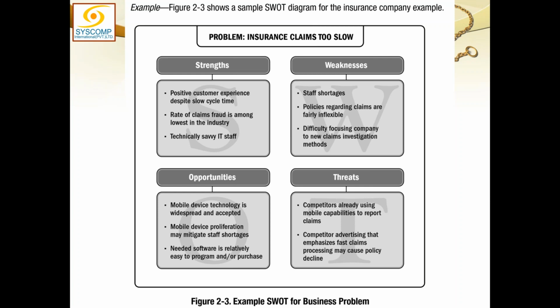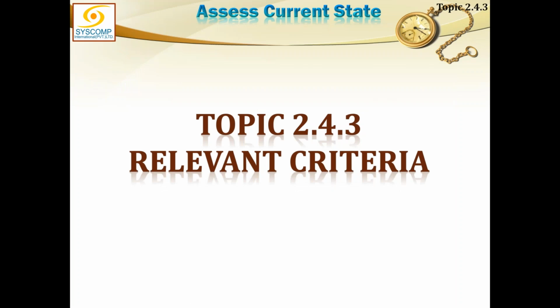So a thorough analysis will exactly prioritize which is the most important thing and which is dependent on what, and ultimately, you will be in a position to do a proper needs assessment. So this is as far as the SWOT is concerned.